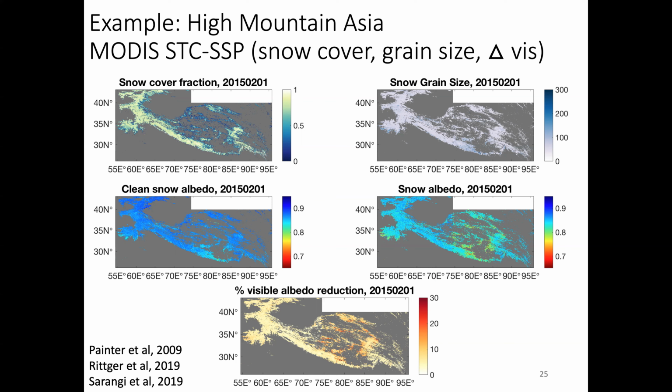We've done this for daily data from March of 2000 to present. For the Indus River Basin and the Western United States, we have an automated system that produces daily data. These snow surface properties are important inputs into the snow water equivalent, or SWE, reconstruction we'll talk about in a future lecture.